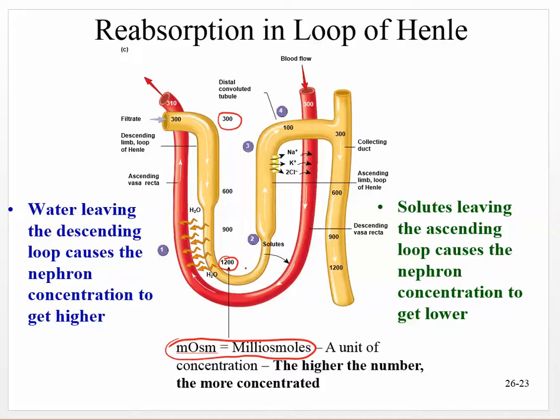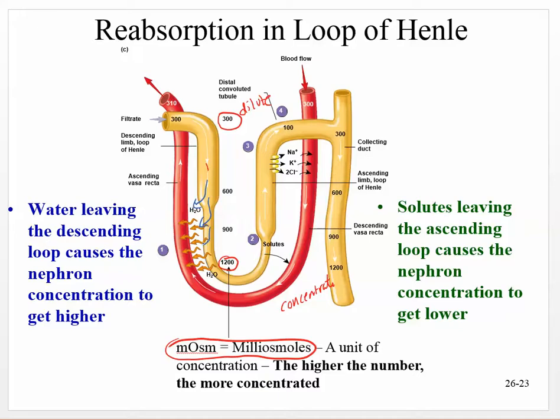All this is doing is giving you a simple way of saying how dilute or how concentrated this is. A small number means it's dilute, and a large number means it's very concentrated, very thick. And that's what we see down deep in here. So that again explains why the water is able to move out.